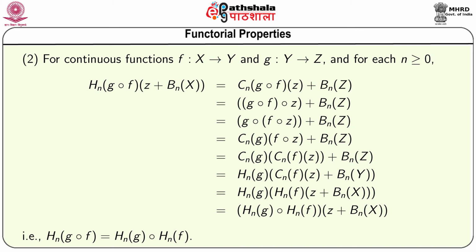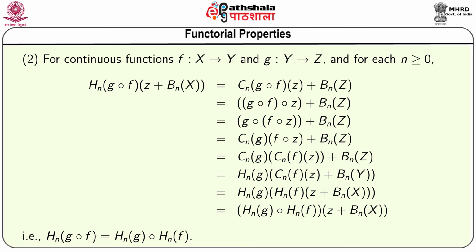But the definition of Cn(g) says that Cn(g) of (f composed z) is equal to g composed f composed z, and thereby gives Cn(g) of Cn(f)(z) plus Bn(z). But that is equal to Hn(g) of Cn(f)(z) plus Bn(y), so that it is equal to Hn(g) Hn(f) on z plus Bn(x).